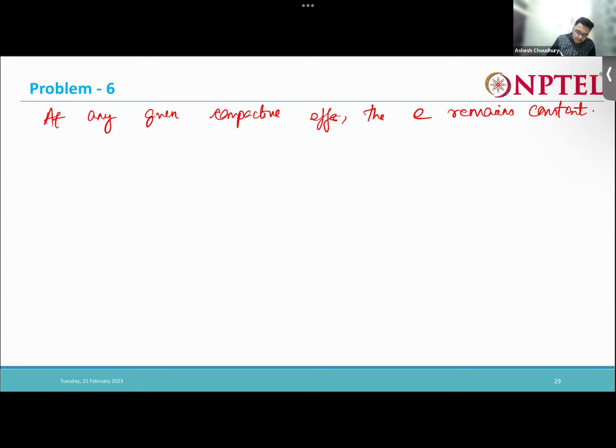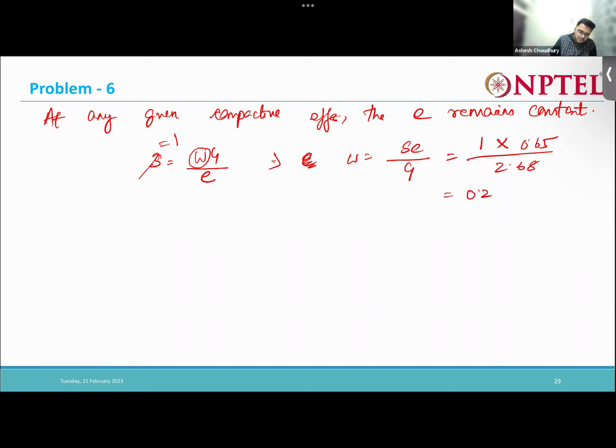Now we know that S = wG/e. For full saturation, when S is equal to 1, we can find the water content. w is equal to Se/G, nothing but 1 for full saturation into e, which we already found, 0.65, divided by 2.68. This comes out to 0.242 or 24.2%.